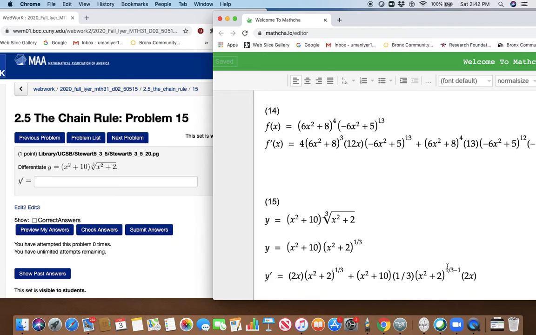All right. So remember 1/3 minus 1. Let's simplify that. That is negative 2/3.